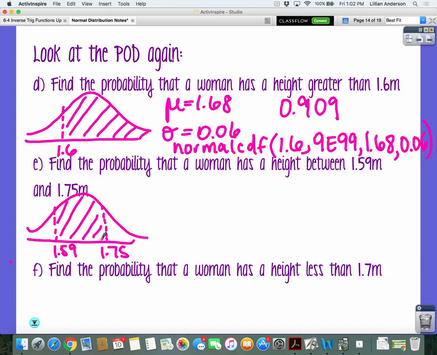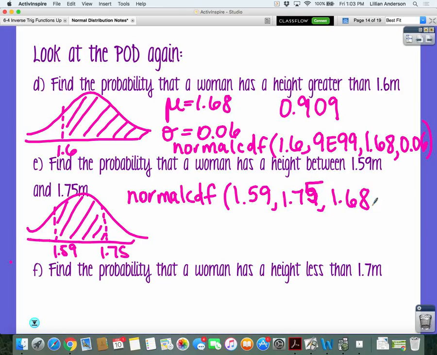So we go to second, bars, option 2, and start typing away. What's your lower bound? 1.59. What's your upper bound? 1.75. Mean and standard deviation. And then you get your probability.